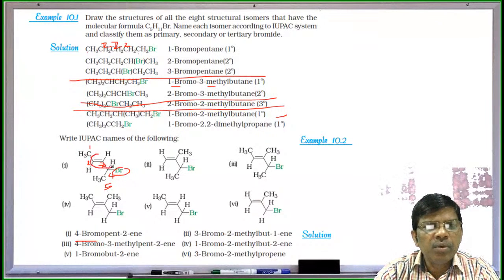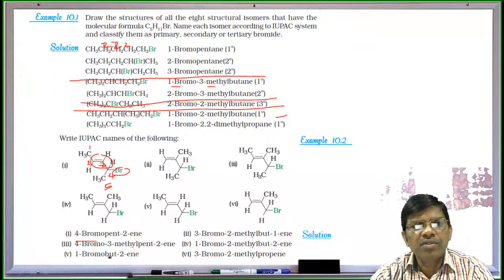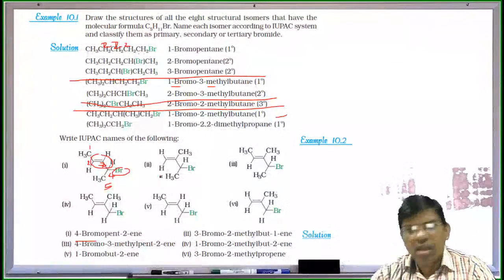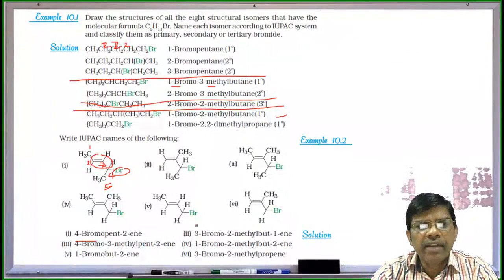This is 2-ene, it is not 1-ene. So you have to choose the number of carbons first, then give the name. For these compounds: 3-bromo-2-methylbut-1-ene, 4-bromo-3-methylpent-2-ene, and 1-bromo-2-methylbutene. The key factor is you have to choose the longest chain.